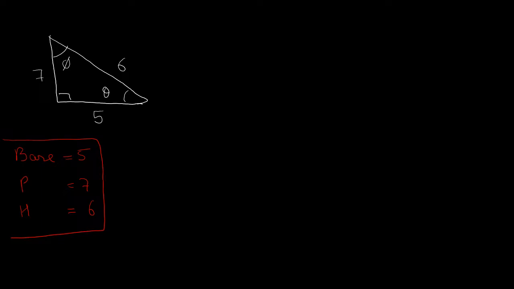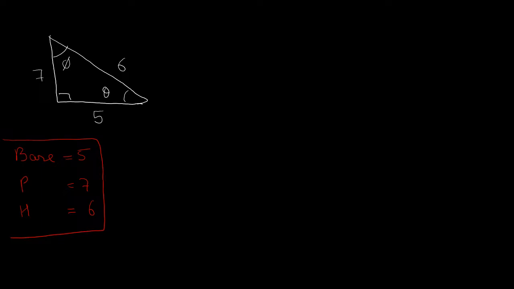This angle is theta, this angle is phi, and suppose we have this side as 5, 6, and we have 7. So in this case, if I see my base is 5, the perpendicular is 7, and the hypotenuse is 6. So I have these things here in this right angle triangle.